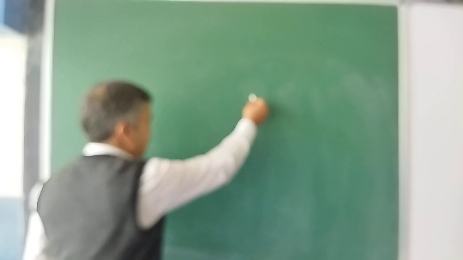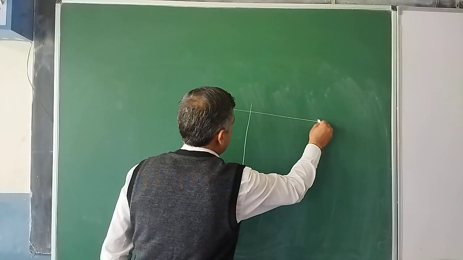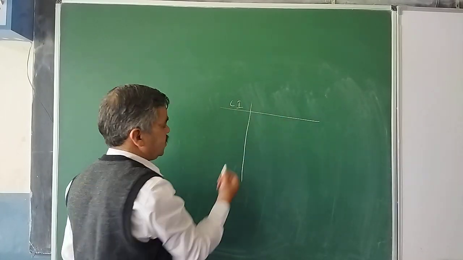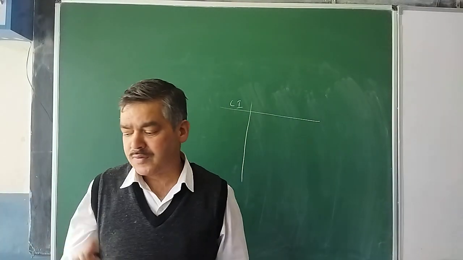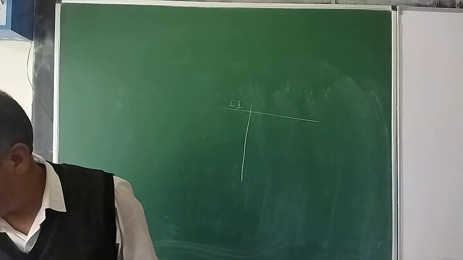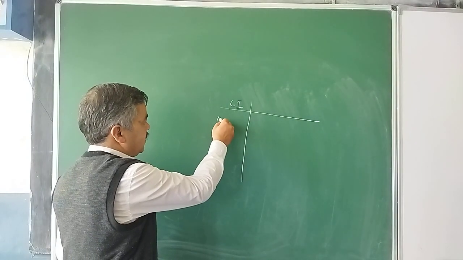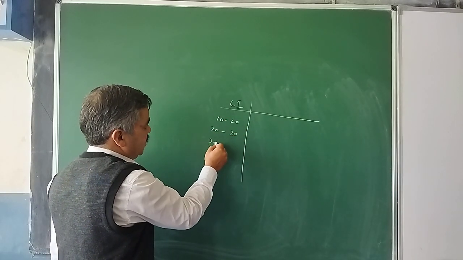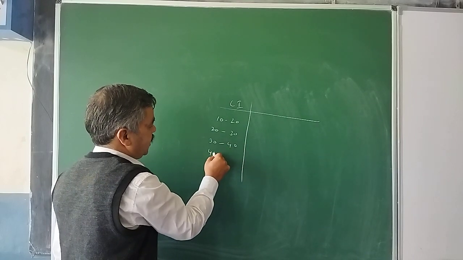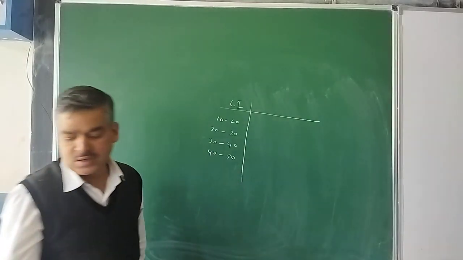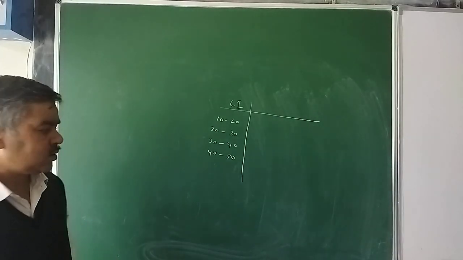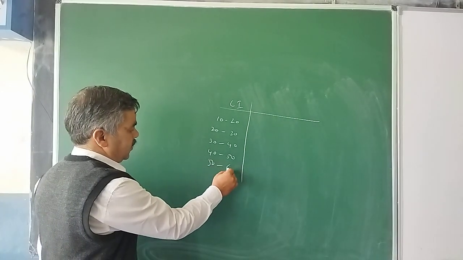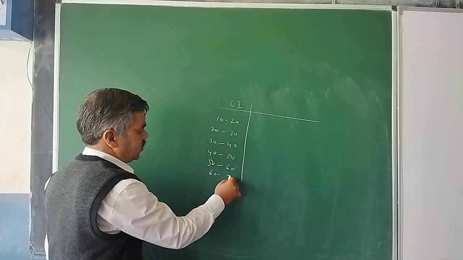Suppose the data, as you know, has class intervals given to you and the frequencies in two columns. Class intervals are 10 to 20, 20 to 30, 30 to 40, 40 to 50, 50 to 60 and 60 to 70.